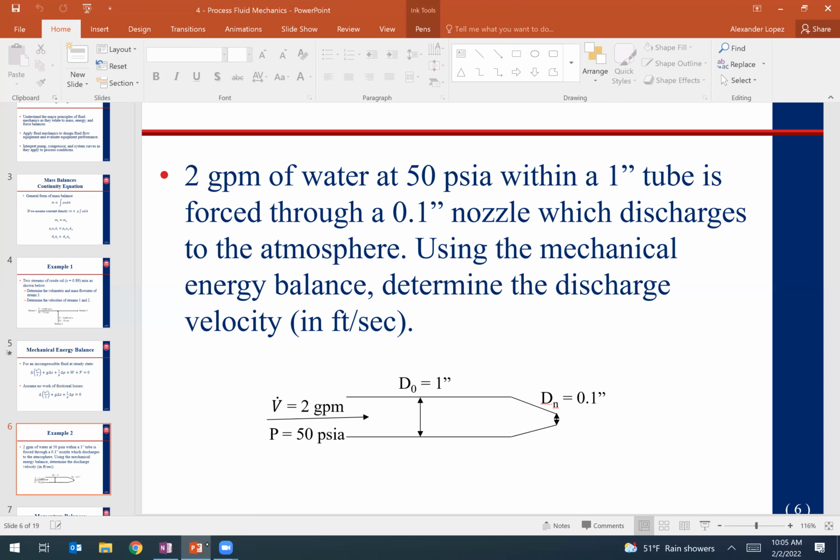14.7, maybe you just do the gauge. You get the same number. Either way, you're going to get the same answer. You can subtract 14.7 from 50, or you can leave the 50. Oh, so you still have to use that.